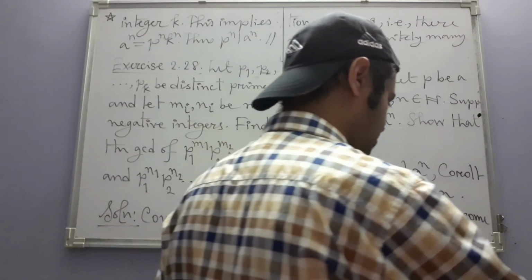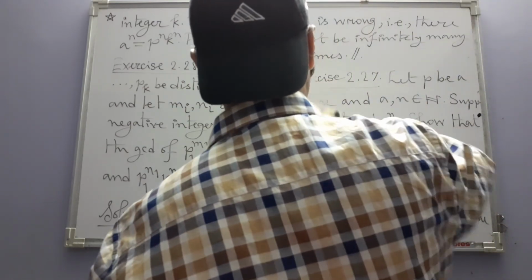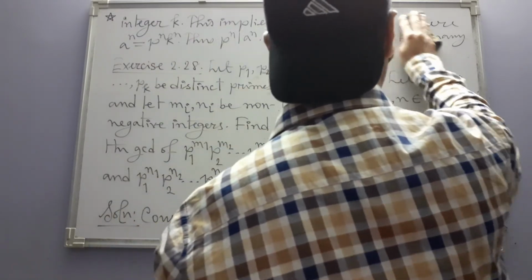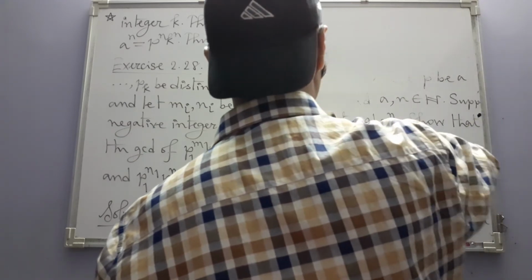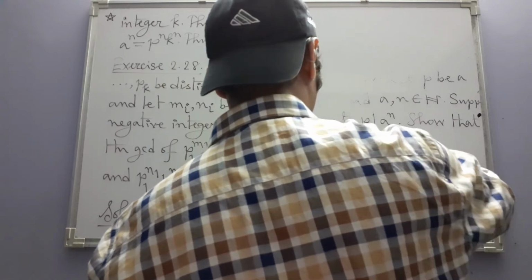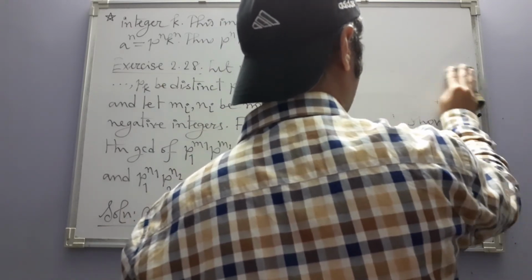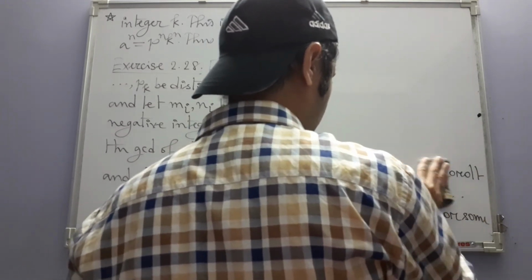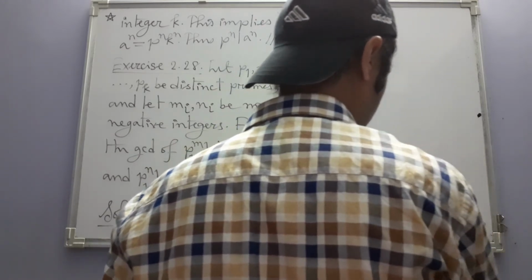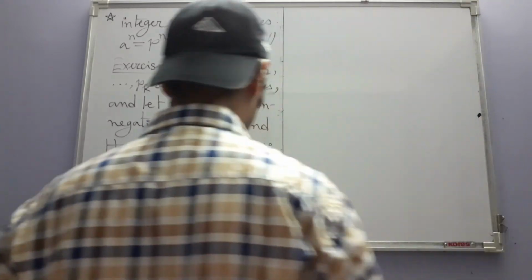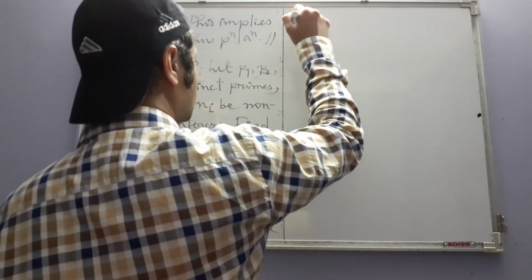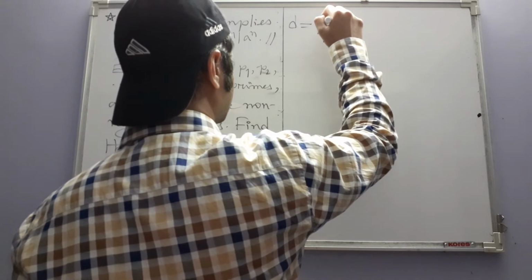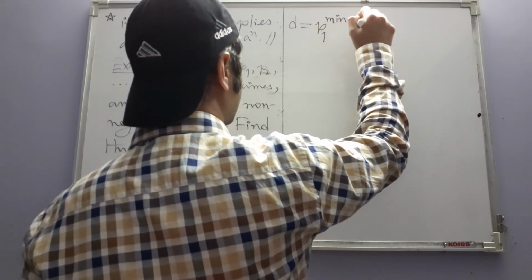Consider the integer d equal to p1 to the power minimum of m1 and n1, and so on.